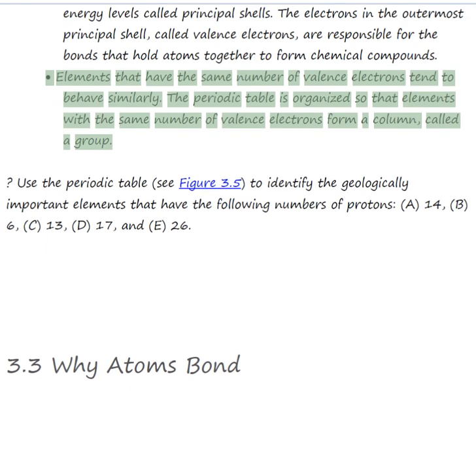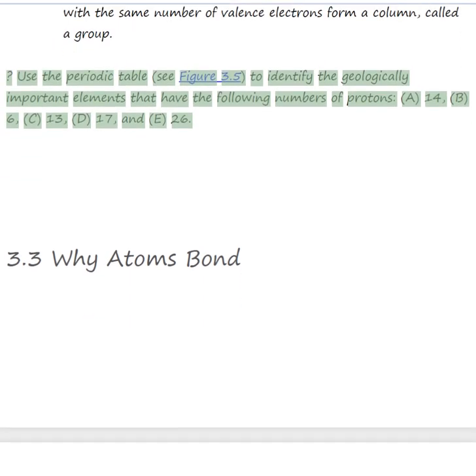Elements that have the same number of valence electrons tend to behave similarly. The periodic table is organized so that elements with the same number of valence electrons form a column, called a group. Use the periodic table to identify the geologically important elements that have the following numbers of protons: 14, 6, 13, 17, and 26.